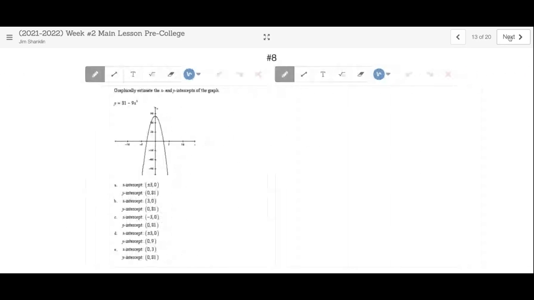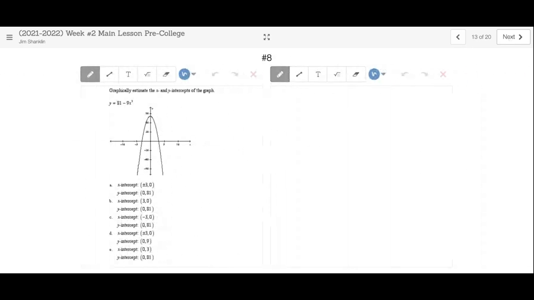All right. Question number 8 on the practice. It says, graphically estimate the x and y intercepts. Well, when it's graphed out, it's pretty easy to find x and y intercepts. X-intercepts are where it crosses the x-axis. Y-intercepts are where it crosses the y-axis. So in this problem, it looks like I have two x-intercepts. They look like +3 and -3. And it looks like I have one y-intercept.